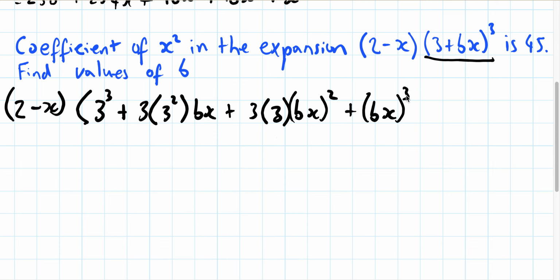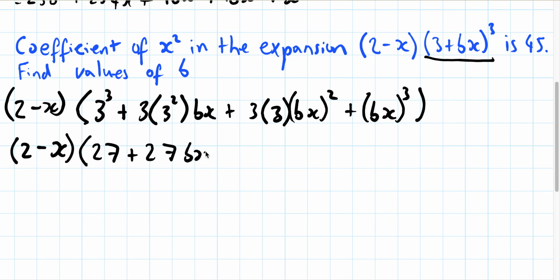Yep, cool. And then from there, I'm just going to expand everything. Just make this look nicer. It's going to be 27, 27bx, 9b squared x squared, add b cubed x cubed.